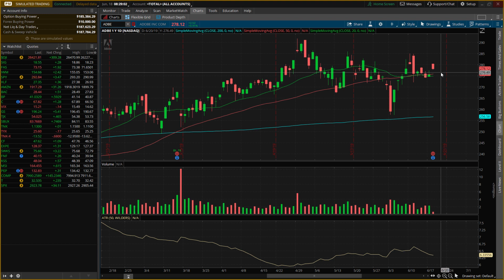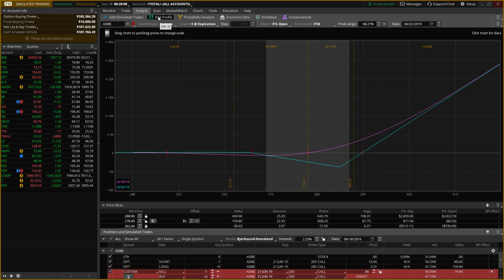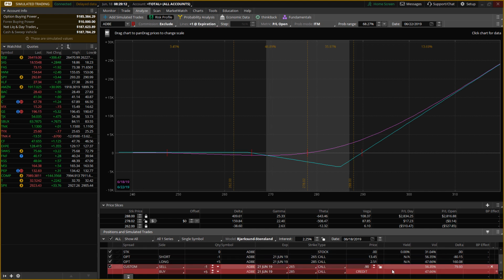So let's take a look at what I've chosen. I'm just going to go to Analyze, and I'm going to go to my risk profile. Now, folks, down here you can see exactly what I've taken a look at. It's also checked this because I've actually purchased this exact scenario. I have the 265, 285 ratio spread for a credit of 90 cents.